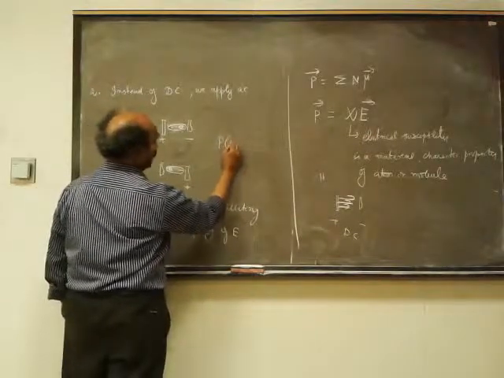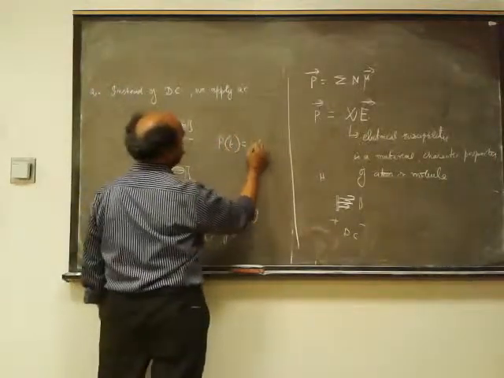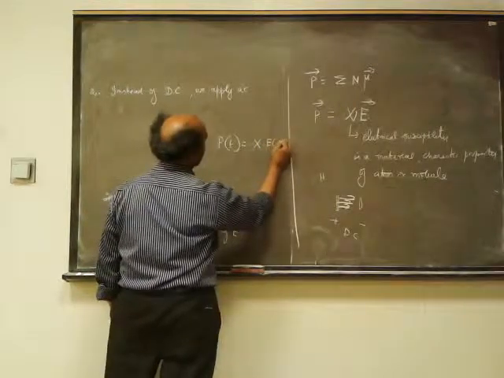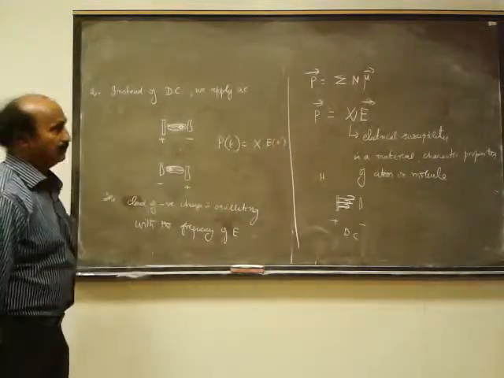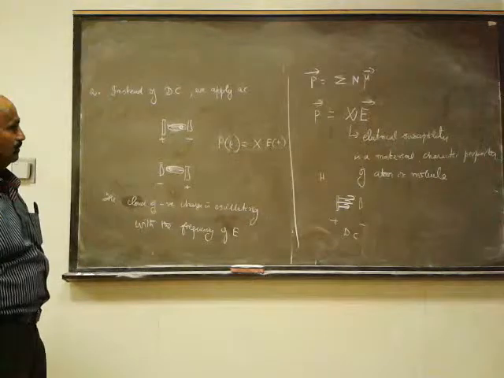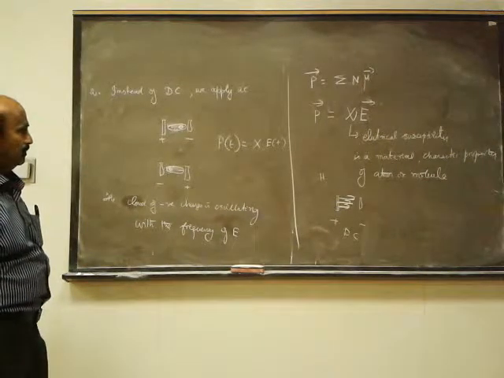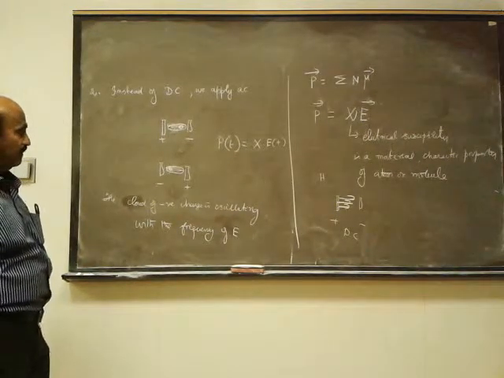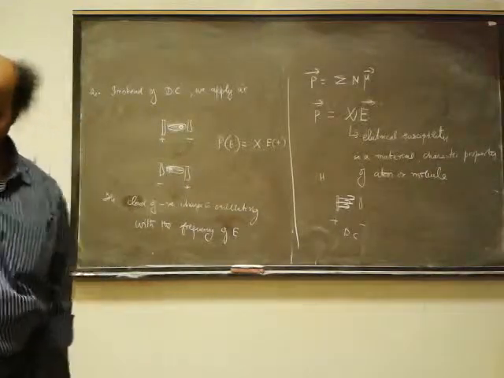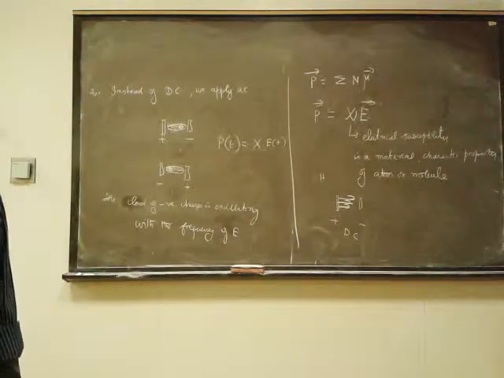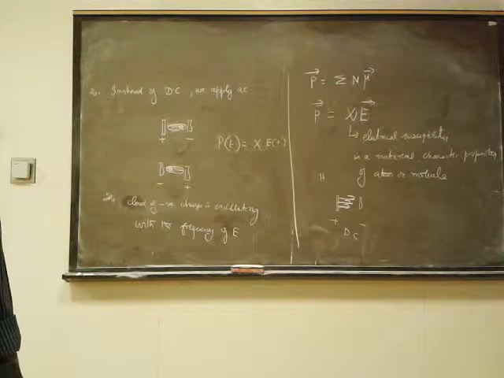P is a function of time with E, function of time. So the frequency of oscillation of the cloud is same as the frequency of oscillation of the input wave.